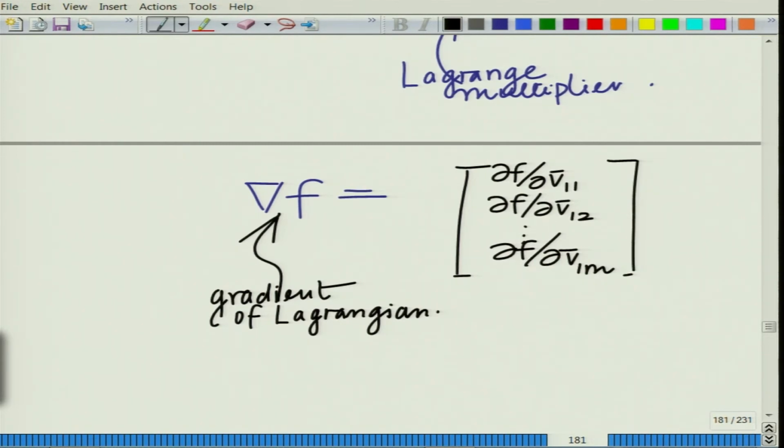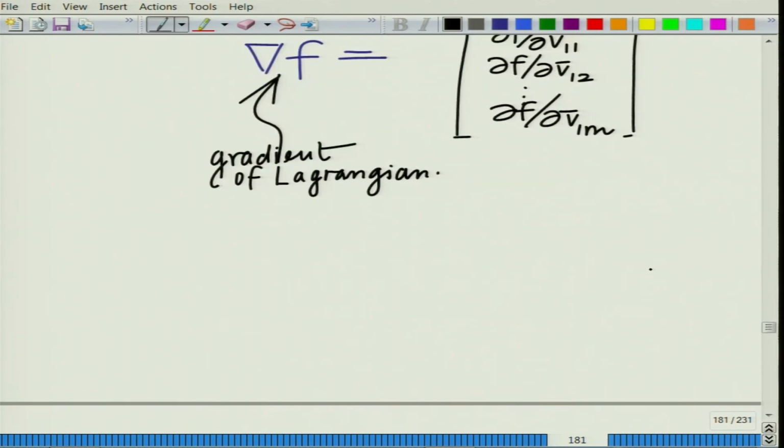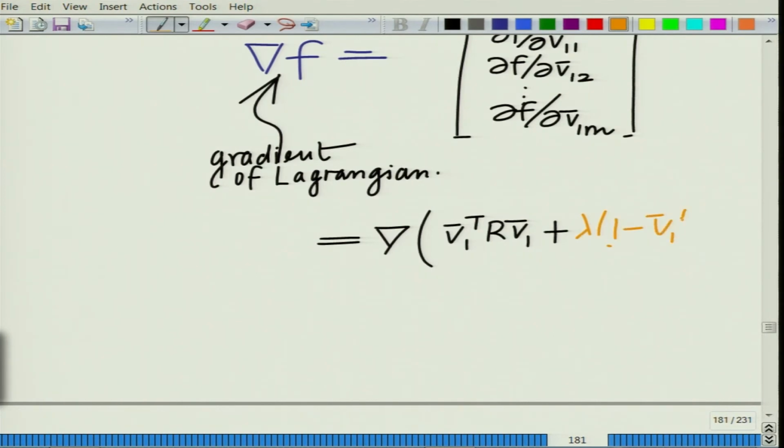So, we are taking the derivative with respect to each of these elements, and this can be shown to be given by the gradient with respect to V1 bar of V1 bar transpose R V1 bar plus lambda times 1 minus V1 bar transpose V1 bar, which you can show to be 2 R V1 bar minus 2 lambda V1 bar.